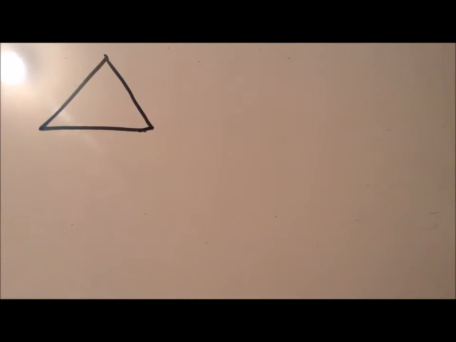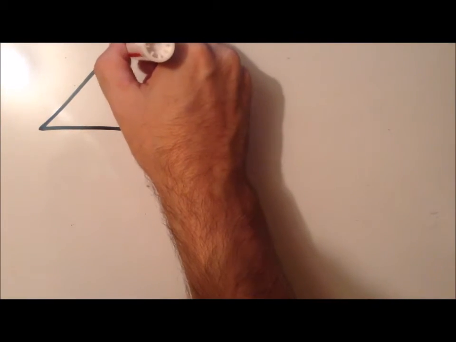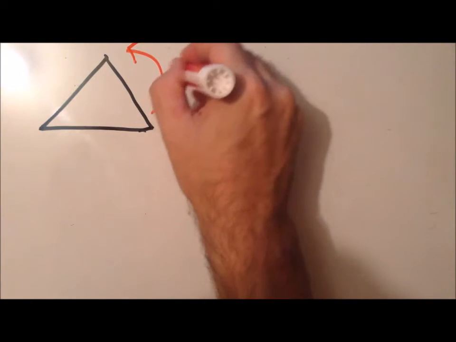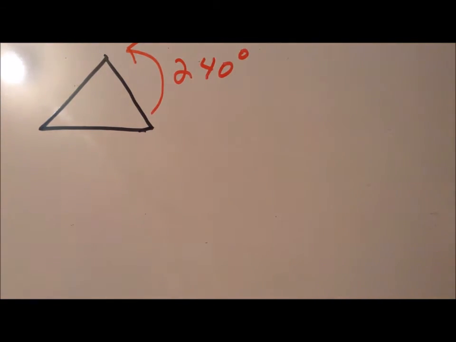Now, let's take our equilateral triangle that we started with, its vertex pointing straight up, so we can keep track of where it is. And this time, let's rotate it by 240 degrees, in a counterclockwise direction. One of the things that we would recognize is that I can break this 240 degrees up into two individual rotations.